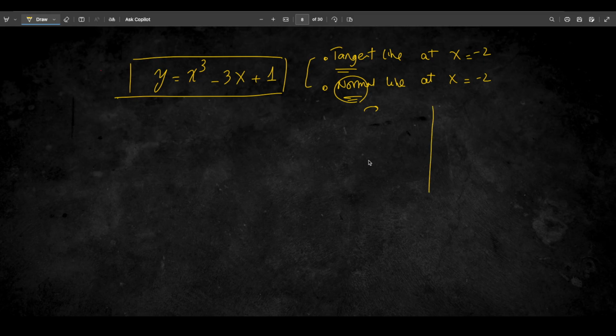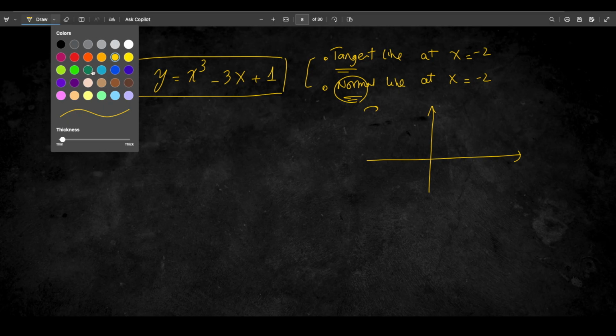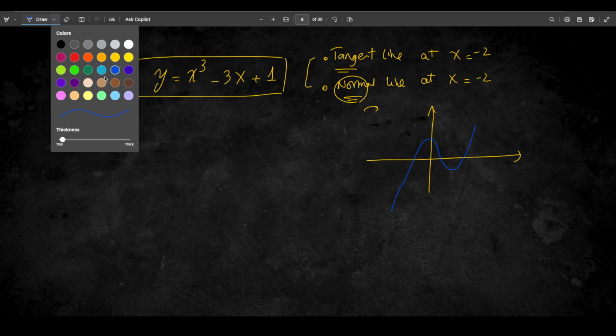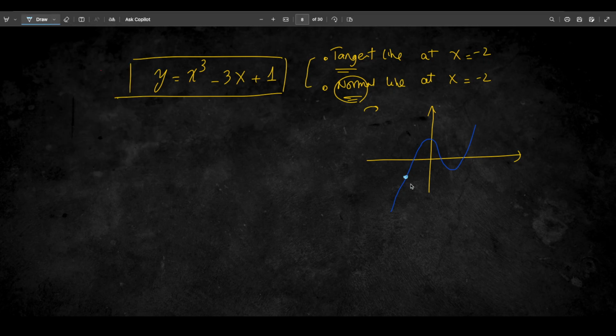So let's say that I have the graph of my function. I'm going to show the exact graph to you later, but let's suppose that this is the graph for you. Okay, at point minus 2, x equals minus 2, the x value of this point is minus 2.